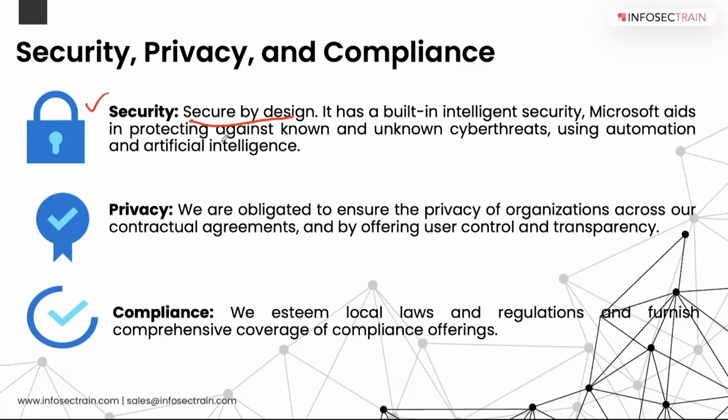Microsoft aids in protecting against known and unknown cybersecurity threats, using automation and artificial intelligence to protect your resources against them. Second, privacy. We are obligated to make sure of the privacy of organizations across contractual agreements by offering user control and transparency. And then compliance.